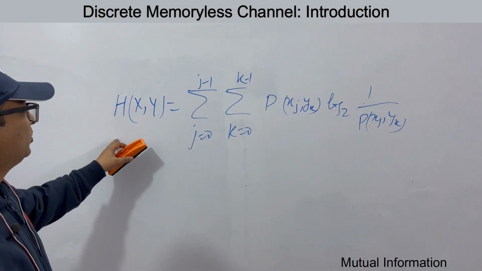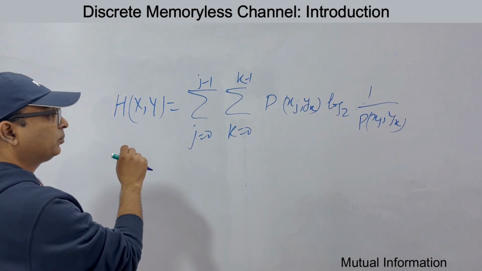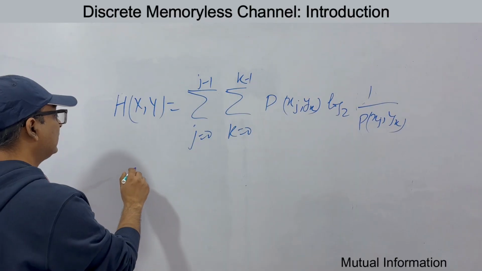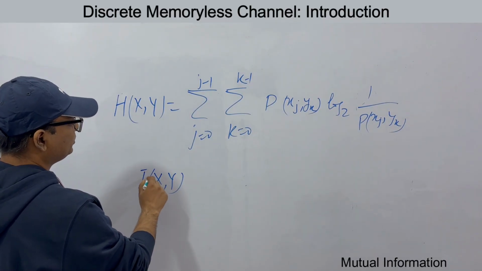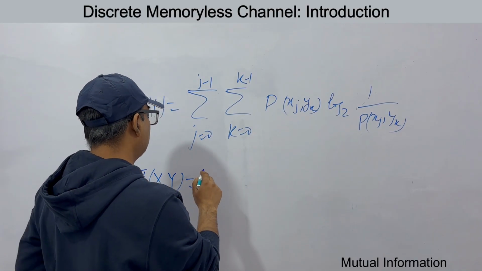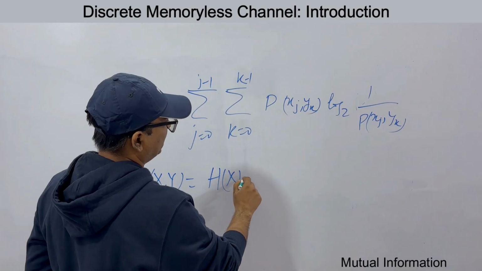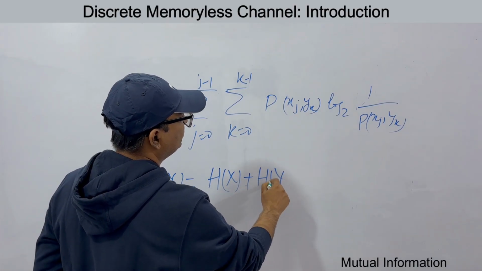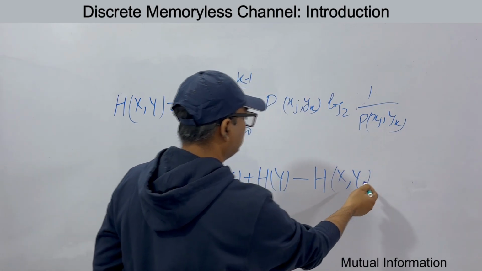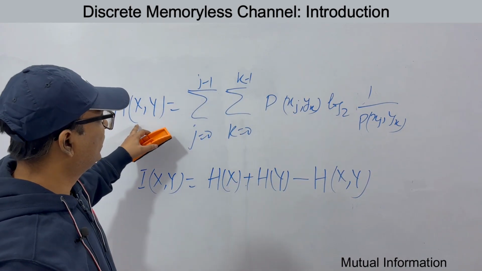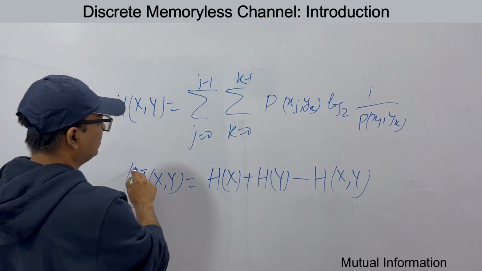This is H(X,Y), the joint entropy of the two random variables x and y. The third property is that mutual information is related to the channel input and channel output entropy by this expression: H(X) plus H(Y) minus H(X,Y), where H(X,Y) is the joint entropy. This is the third property of mutual information.